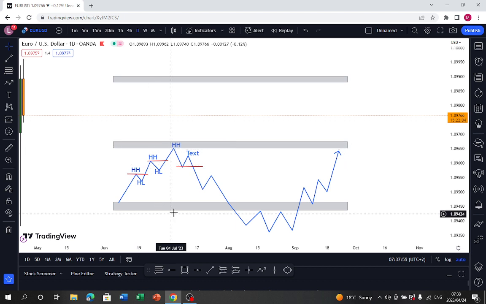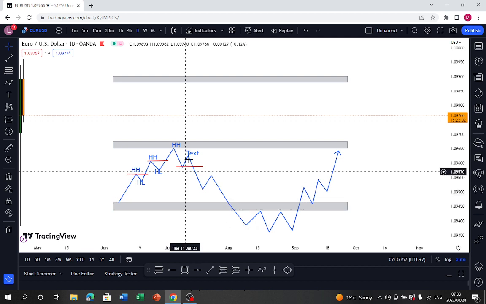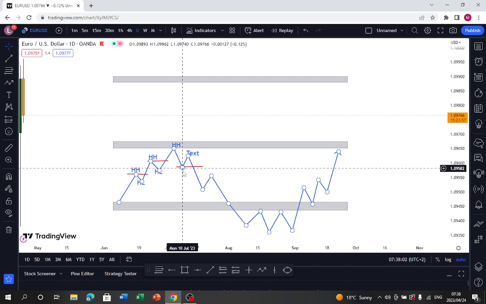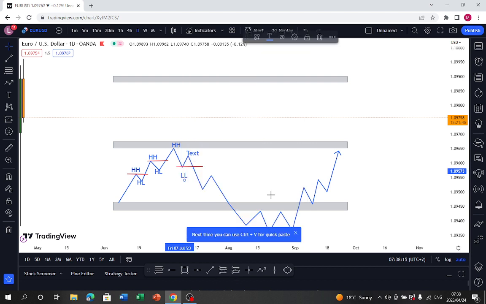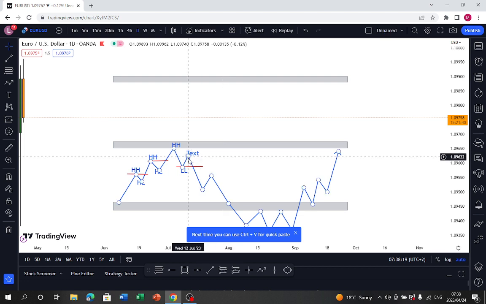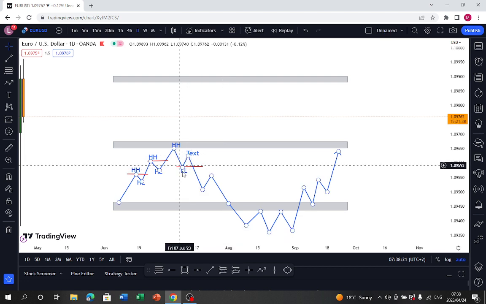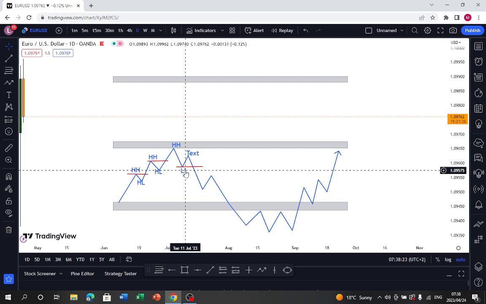So what happens now is we are creating a lower low, right? How do we know this is a lower low? LL, right?